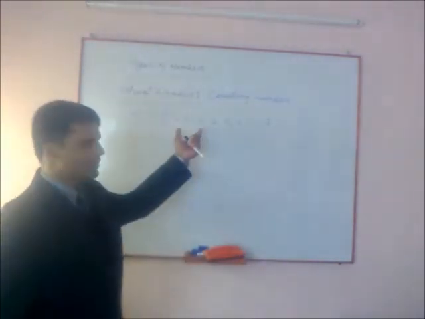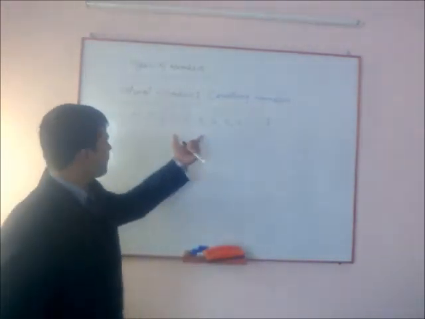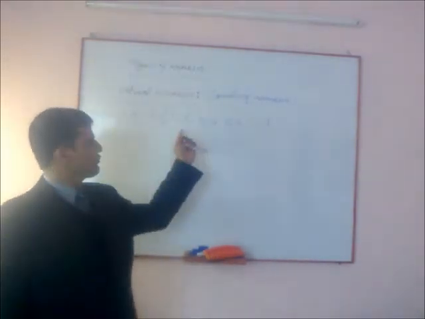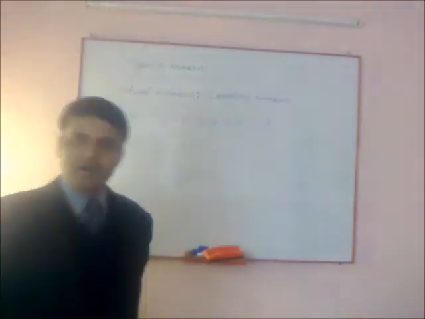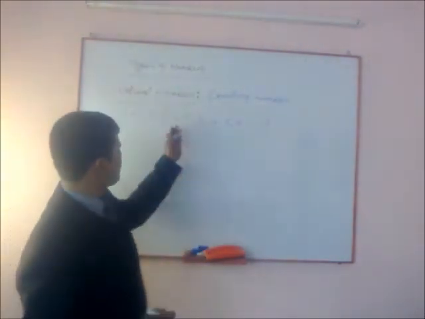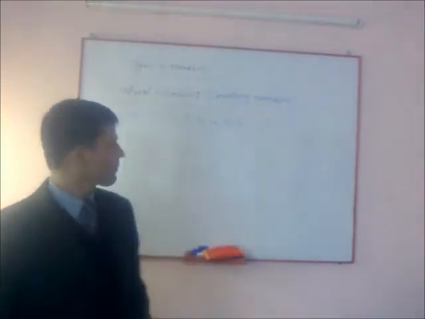This is a set of counting numbers, set of natural numbers. So 1, 2, 3, 4, 5 and so on are called counting numbers or natural numbers. 0 is not used there.